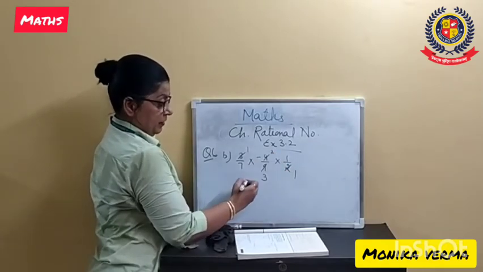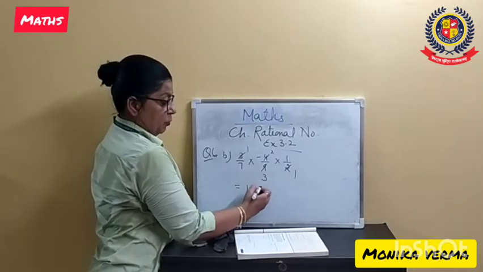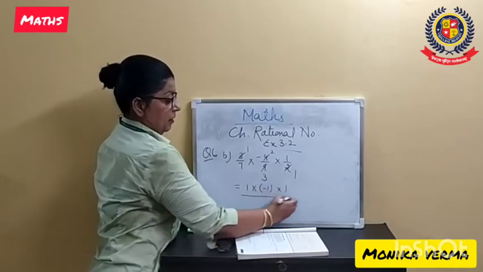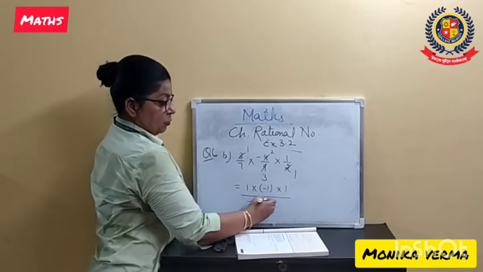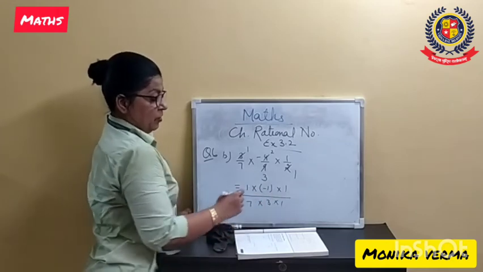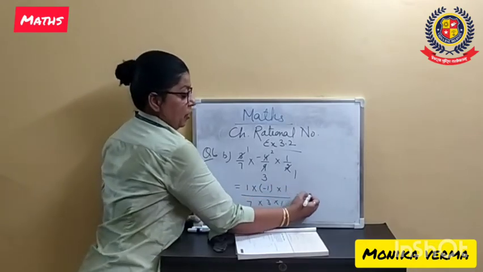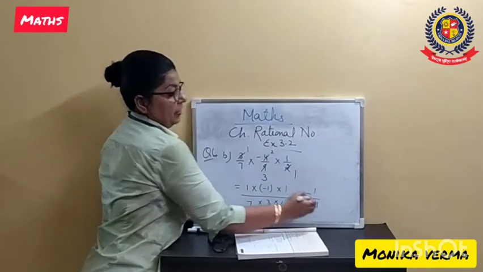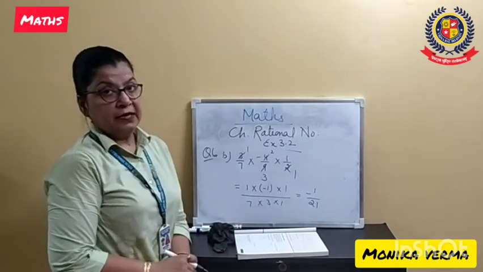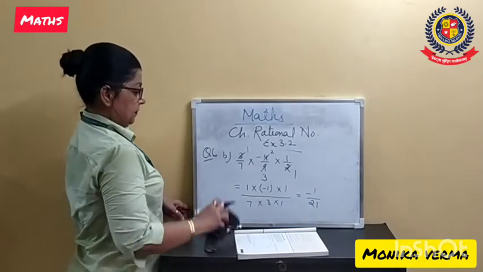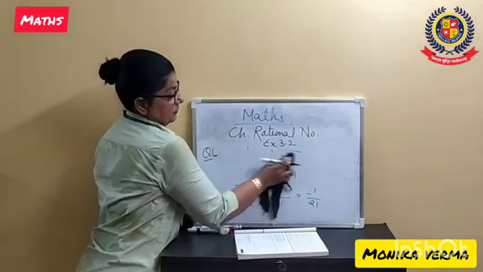So what do we get? 1 into minus 1 into 1, 7 into 3 into 1. So what we get? 1 into 1, 1, 1 into 1, 1. So we got minus 1 upon 21. Our answer is minus 1 upon 21. This is the answer. Next part.